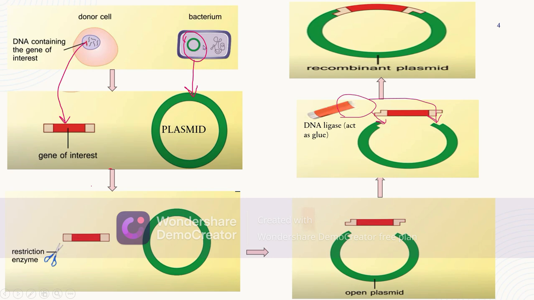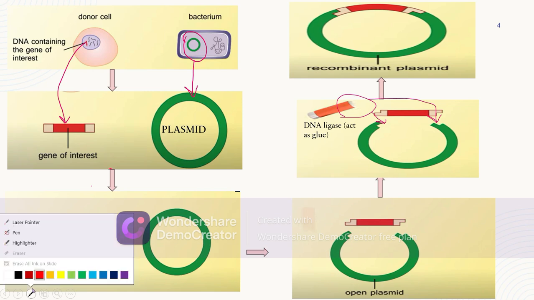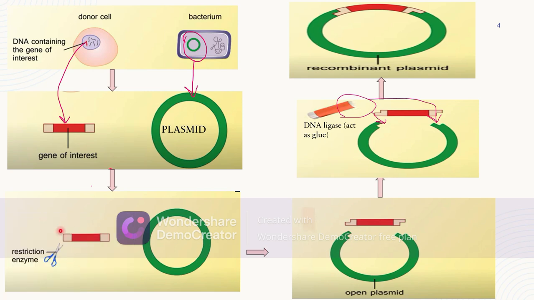Then on the other hand we take a plasmid, and with the help of the molecular enzyme, the molecular scissor or biological scissor, we cut the gene at the ends, and the plasmid also.